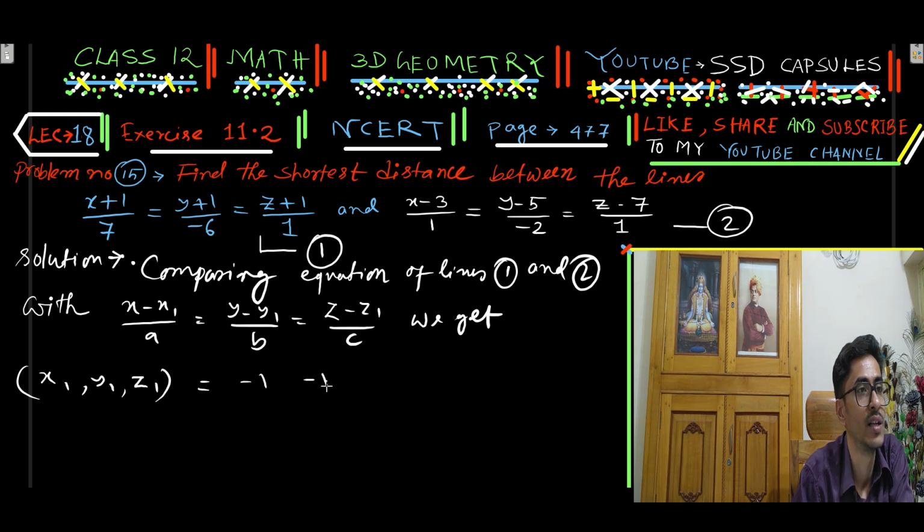Minus 1, minus 1, minus 1. And x2, y2, z2 equal to what? 3, 5, 7.